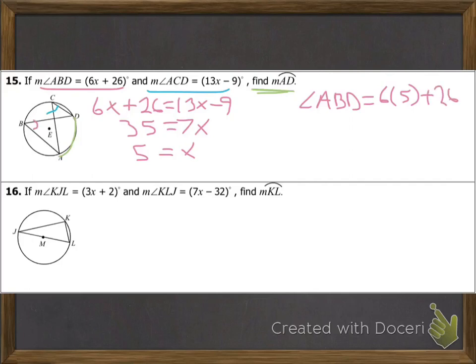And so the measure of my angle is going to end up being 56 degrees. And so then to find the arc, you take that 56 and multiply it by 2, because remember, the angle is half the arc. So to find AD, you're going to have 56 times 2, and that's going to end up being 112.